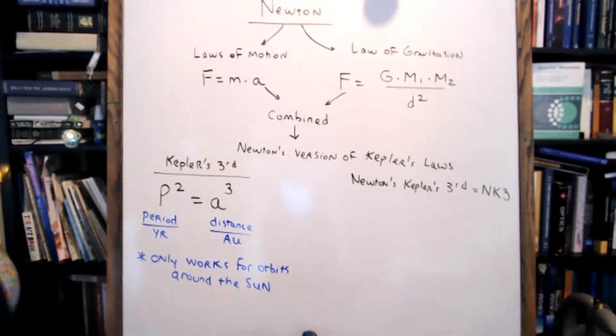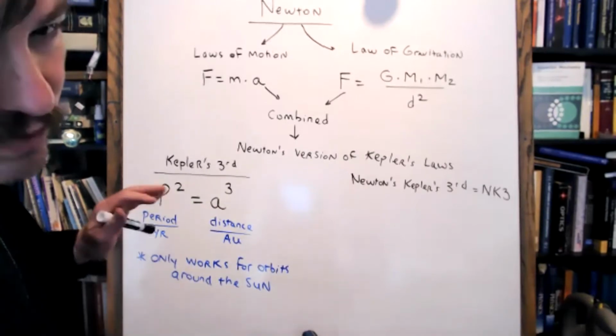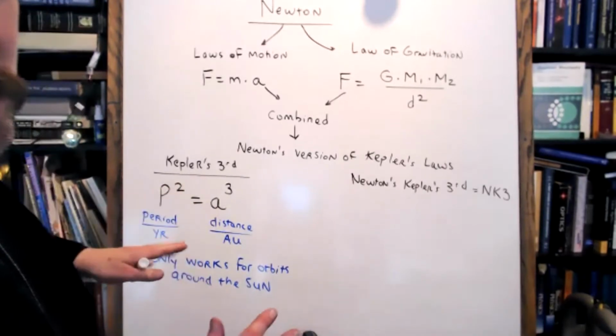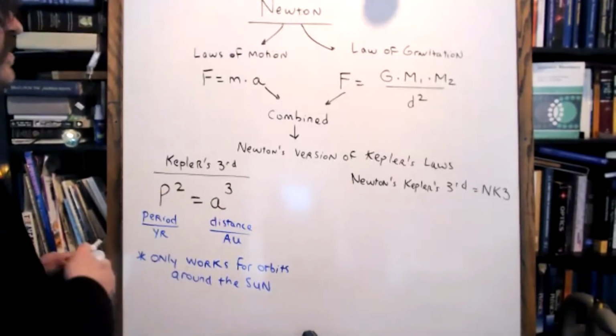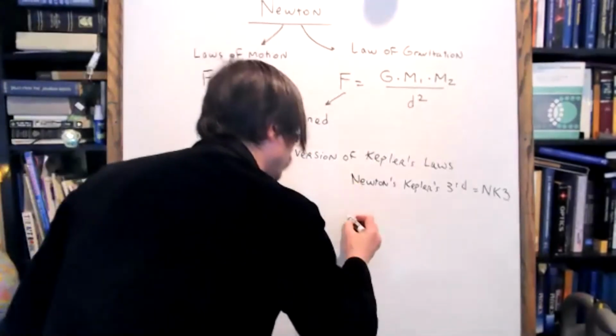So for instance, it will work for planets or comets, but it will not work to describe the orbit of the moon around Earth or the moons of Jupiter. Isaac Newton came up with a way crazier version that would work for any two orbiting masses, but he had to include the effects of gravity. So here's what Newton's version looks like.